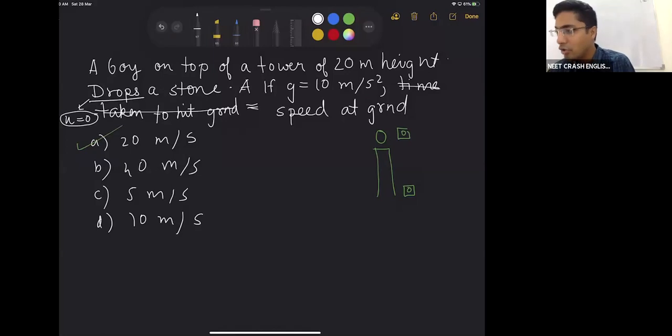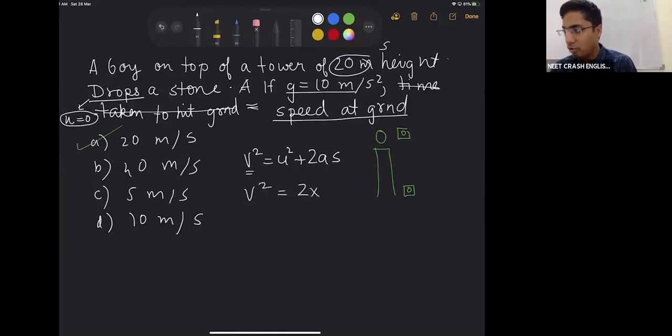So U is 0, and you have to find out speed at ground. You are given S, you know U, you know the acceleration. So the formula that contains V, U, g and S is V square is U square plus 2AS. I'm just going to substitute very simply. I want to find out V. So final velocity square is 2 into 10 into 20.